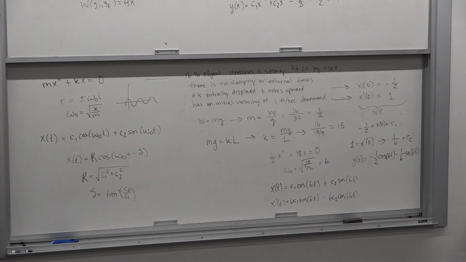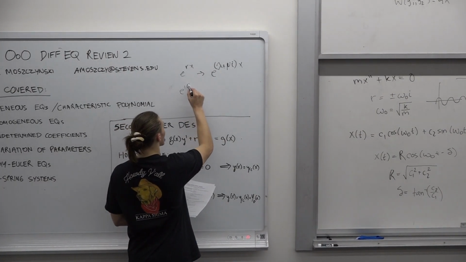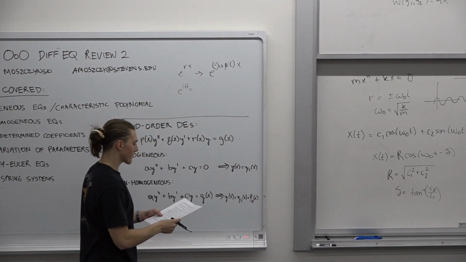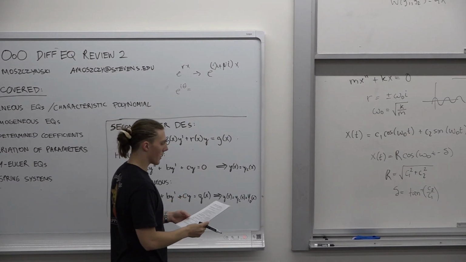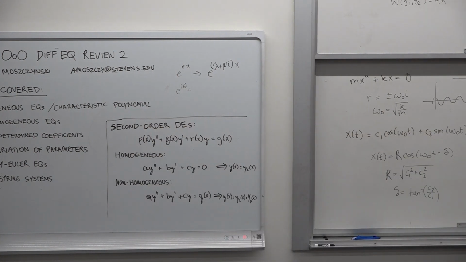You're totally right, in the start, like you said, there's going to be a solution of this form, but when you plug in a complex number here, lambda plus mu i all times x, it just so happens to work out with Euler's identity, and it just loses the i.